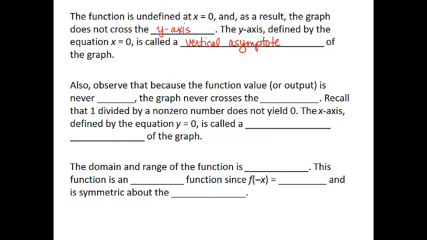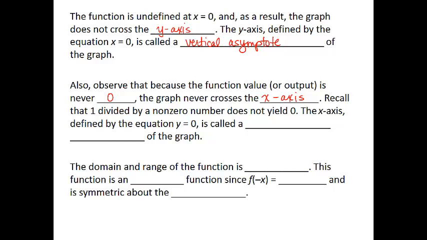Also observe that because the function value or output is never 0, 1 divided by a number can never be 0, the graph never crosses the x-axis. So just as I stated, 1 divided by a non-zero number does not yield 0.